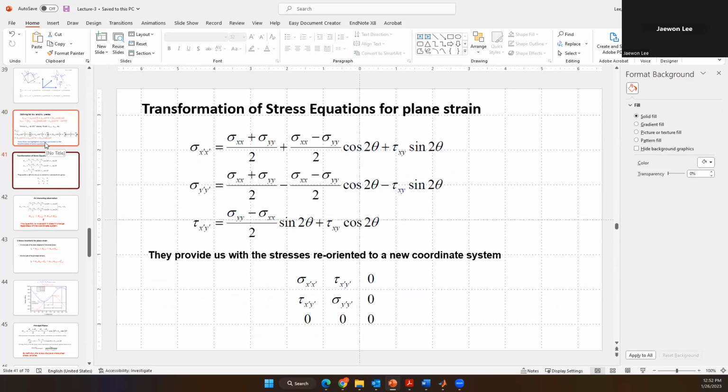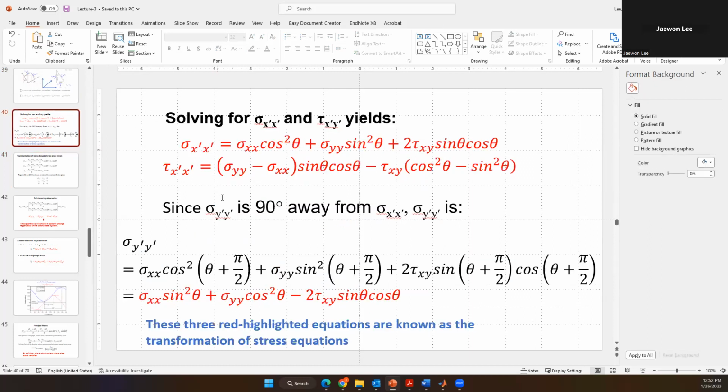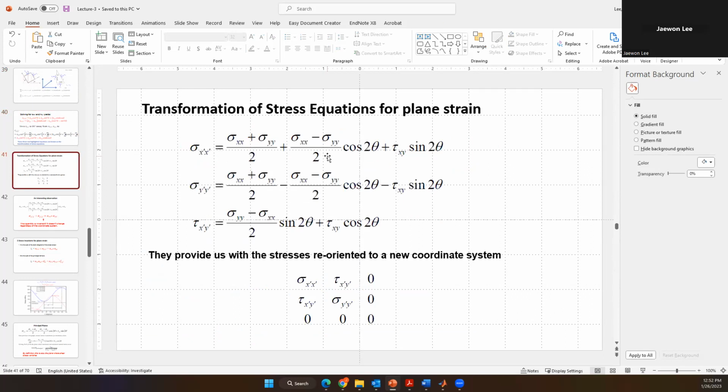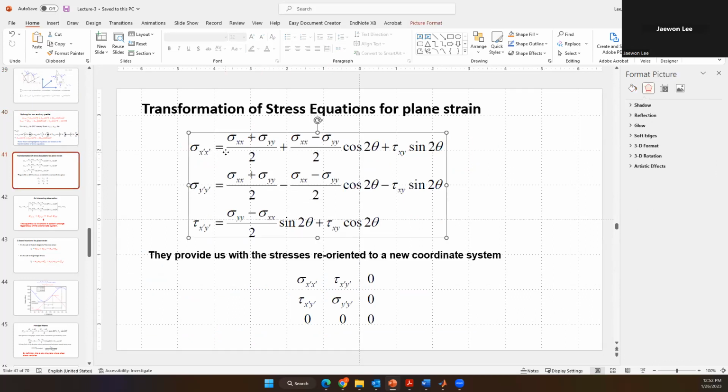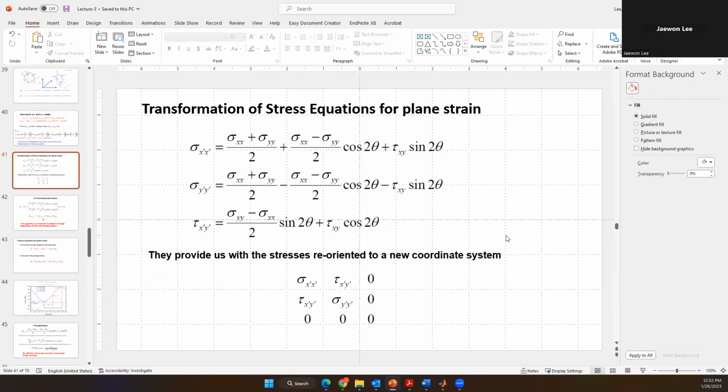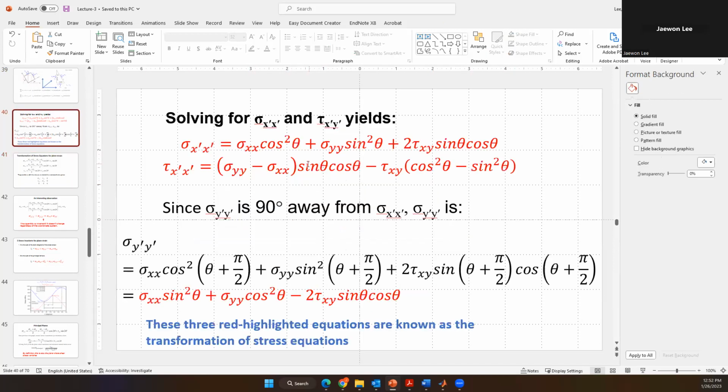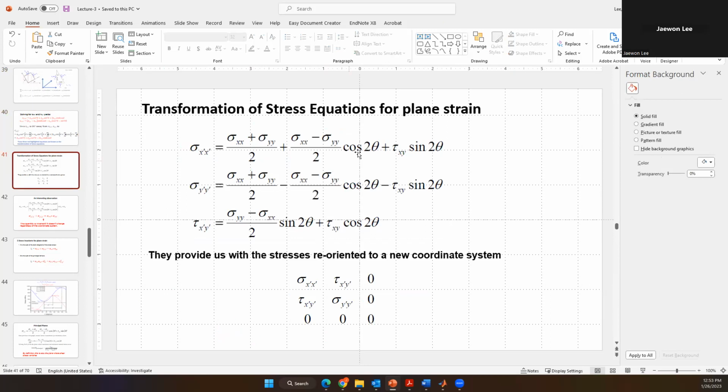To make a more simplified relation of sigma x prime, sigma y prime, and tau x prime y prime, these relations can be rewritten in a simpler form. It's a kind of mathematics problem, so if you want to know how to derive this equation from here, feel free to let me know. It's very easy.